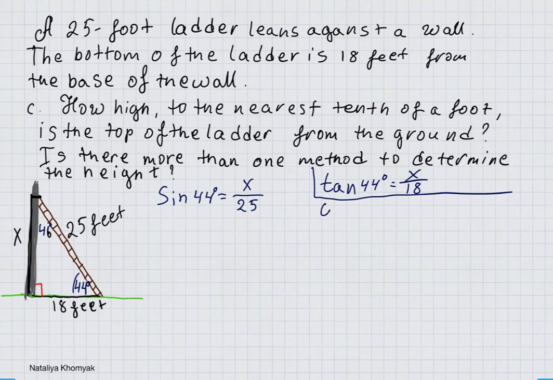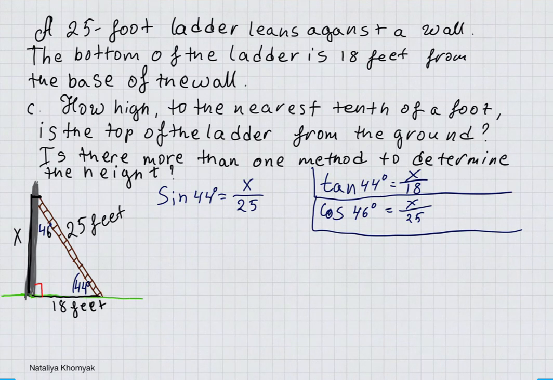So cosine of 46 degrees is the adjacent side, which is X, divided by hypotenuse, which is 25. Now we could also use cotangent, secant, and cosecant. They will all get you to the same place, but for the purposes of answering this question, we just need to solve one of them.